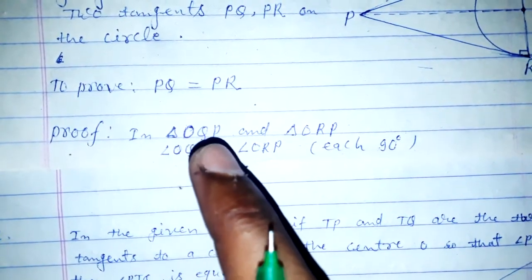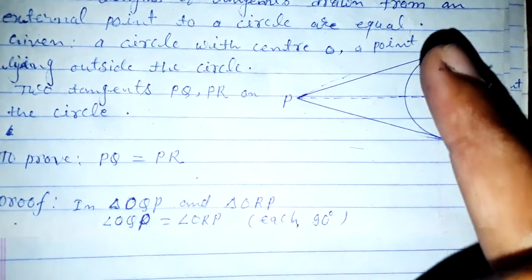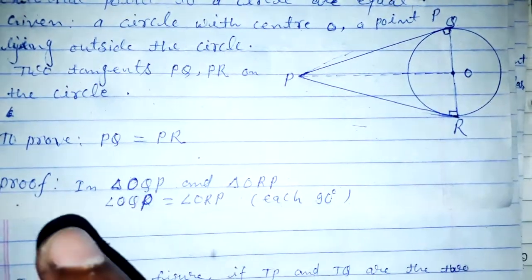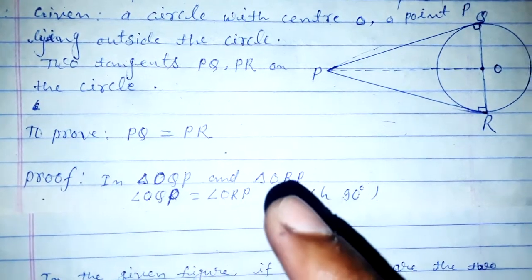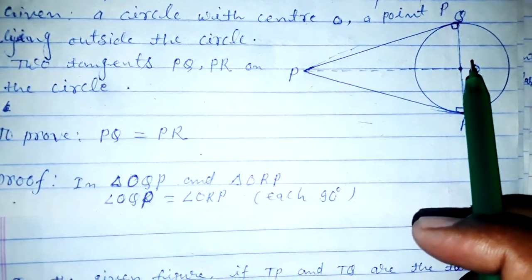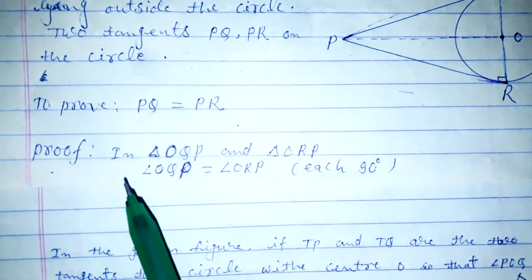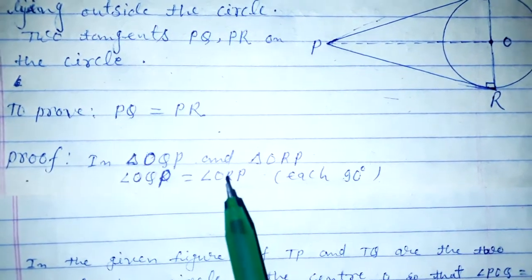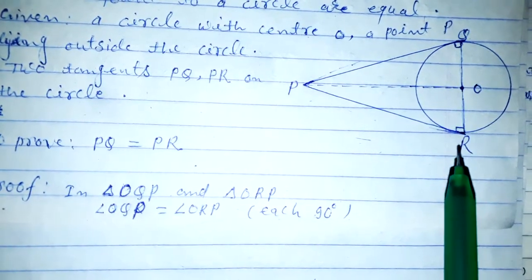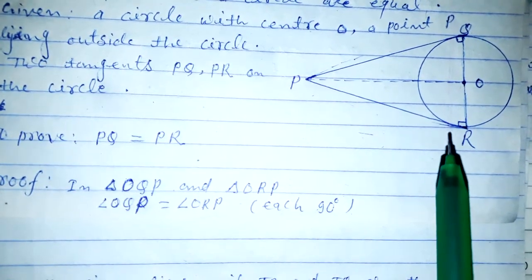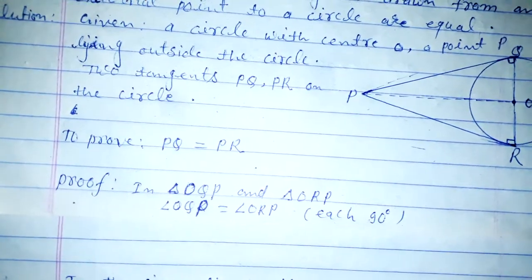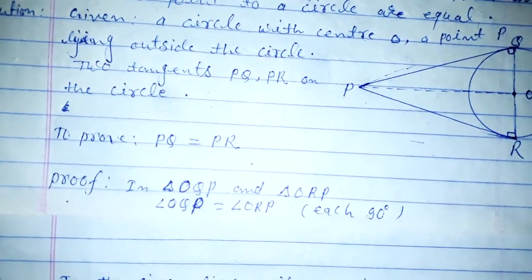In triangle OQP and triangle ORP, we join P to O. Angle OQP is equal to angle ORP, each 90 degrees. The theorem also proves that the tangent at any point of a circle is perpendicular to the radius.